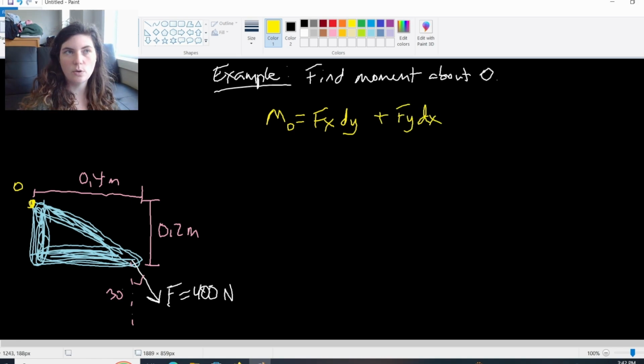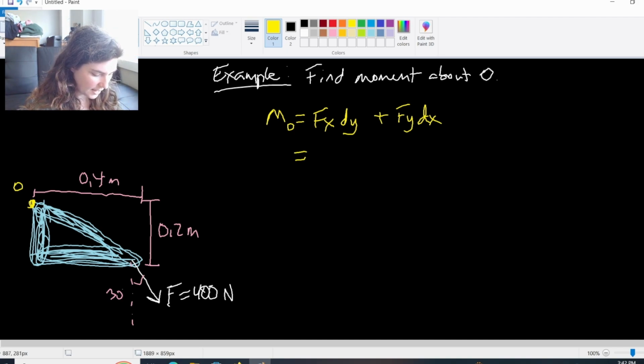And I can see this is going to be fairly reasonable to try to solve, right? So if I think of my Fx times dy, my Fx is this 400 newtons times cosine of 30, 400 cosine 30 times dy, the y distance to this point where F starts. So that's this 0.2.